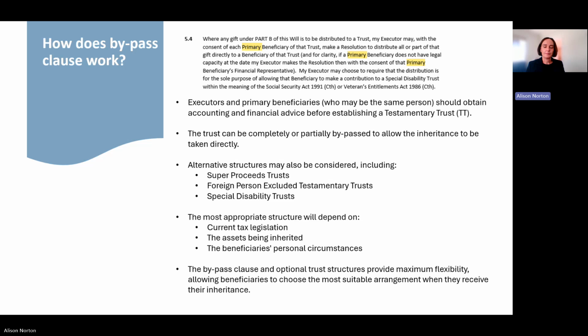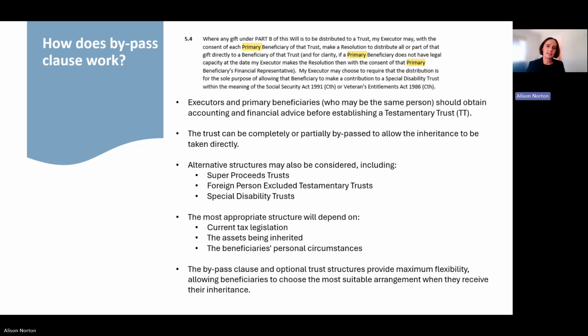So the executors and the primary beneficiaries, these can sometimes be the same people, but they might not be. Before they do anything in relation to the testamentary trust, they should get financial advice from a suitably qualified accountant or financial advisor about, for a start, whether to set up the trust in the first place.